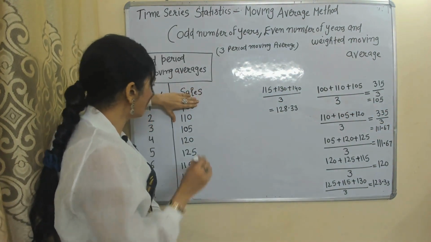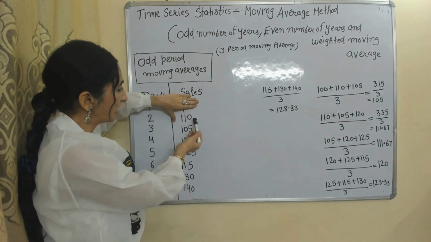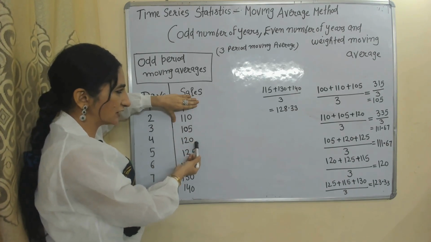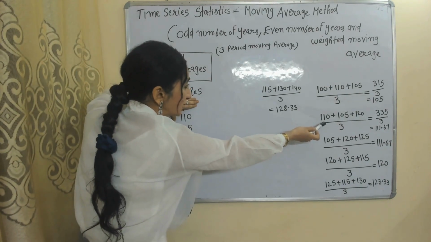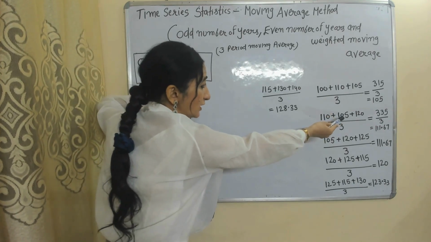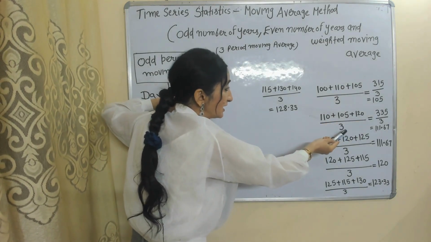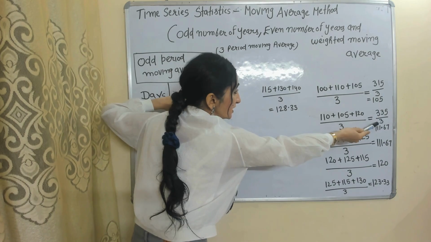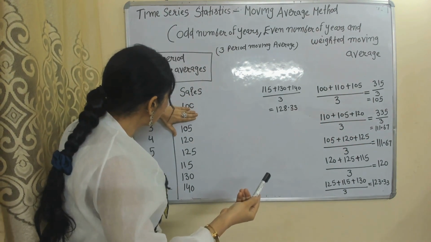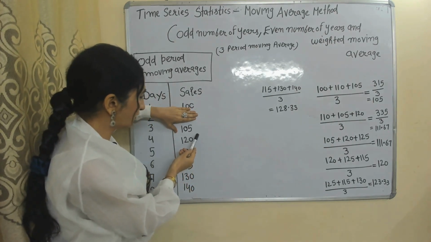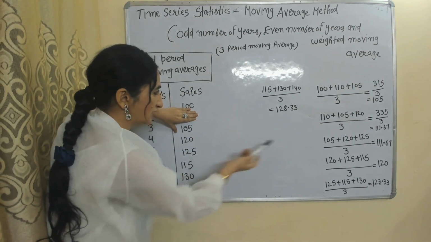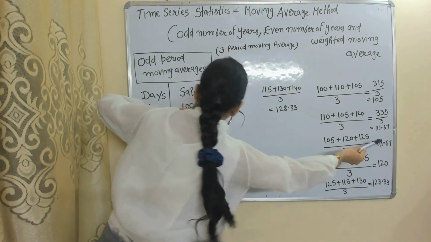Now we will leave one number from above and find the average of 110, 105 and 120. Here you can see we found the average of 110, 105 and 120, and dividing the total by 3, it becomes equal to this. Similarly, we leave one number from above and find the average of 105, 120 and 125. It becomes equal to this.